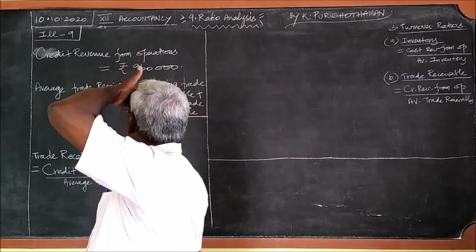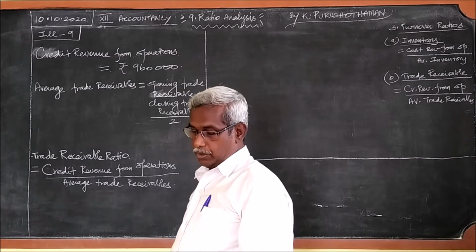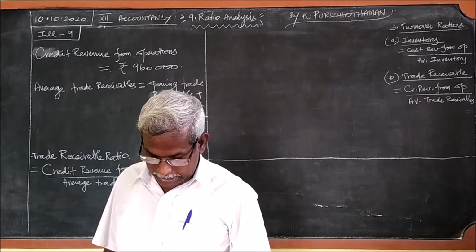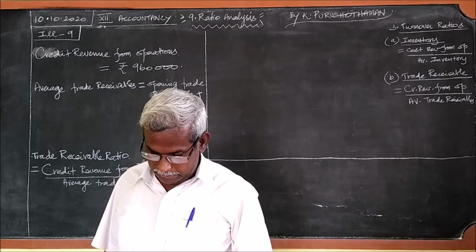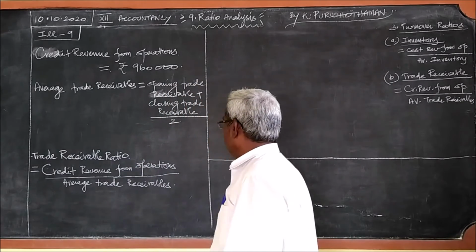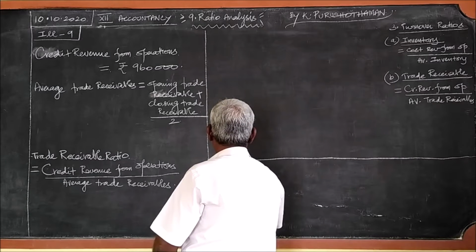The trade receivables consist of two items. One is the bills receivable, other one is debtors.